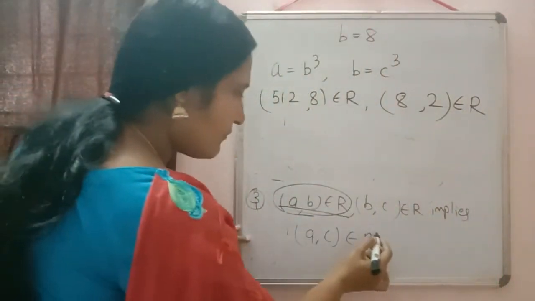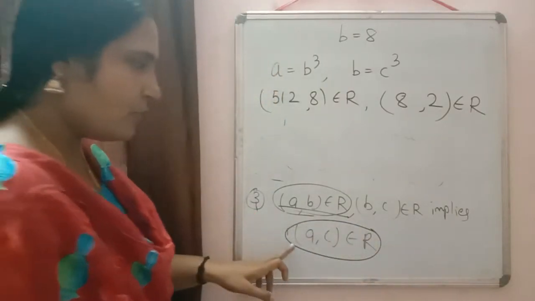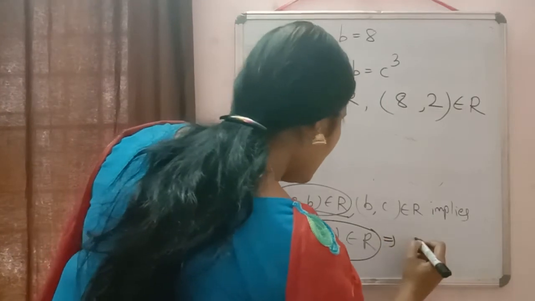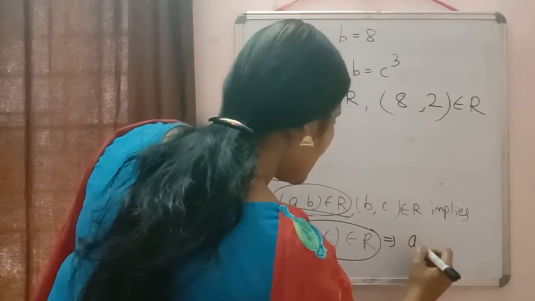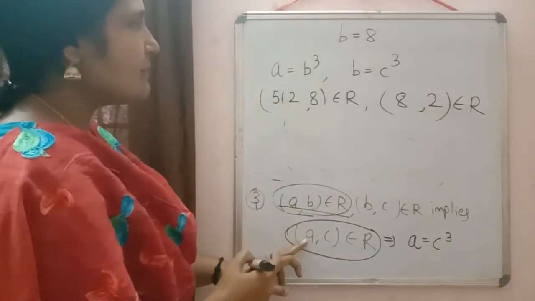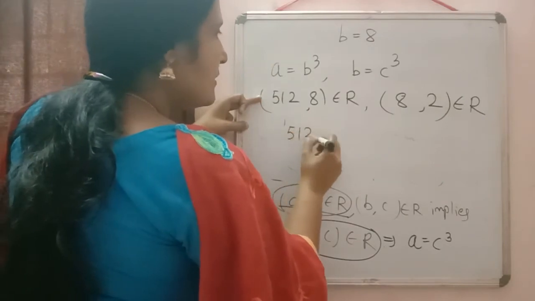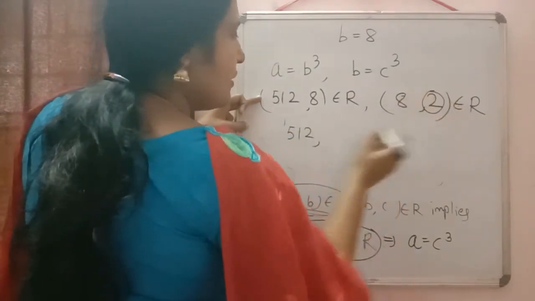Now we have to check whether (A, C) also belongs to R. To prove this, we will check whether the first element, that is A, is equal to C cube. Okay. Now what is our value of A? 512. And the value of C is 2.